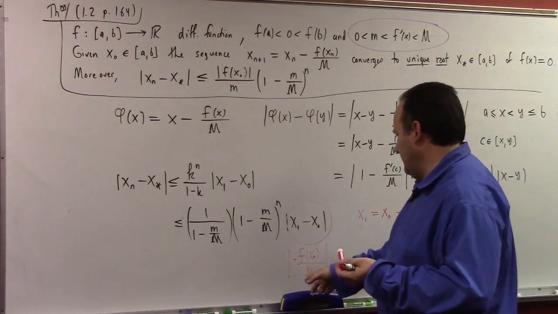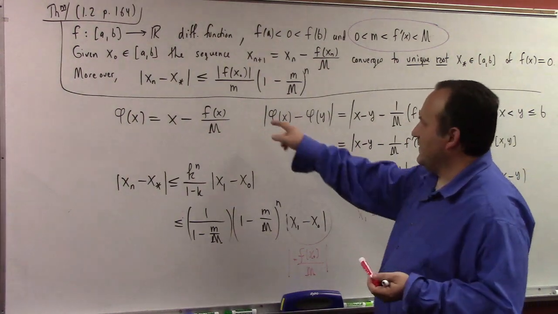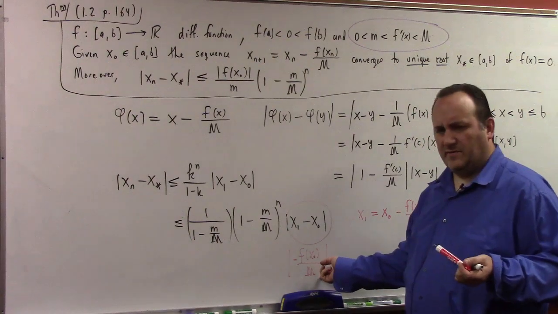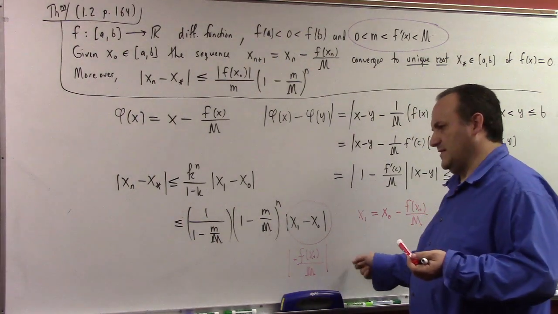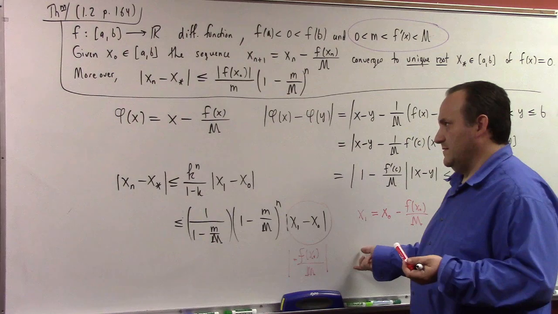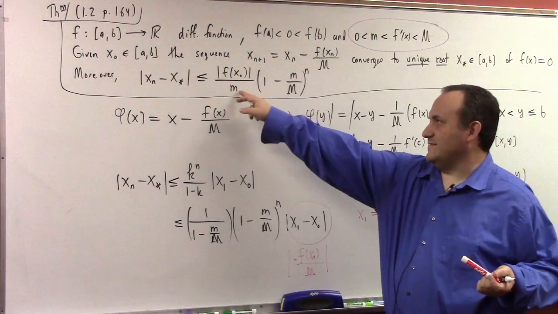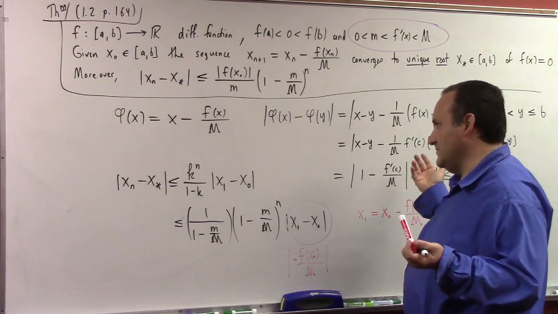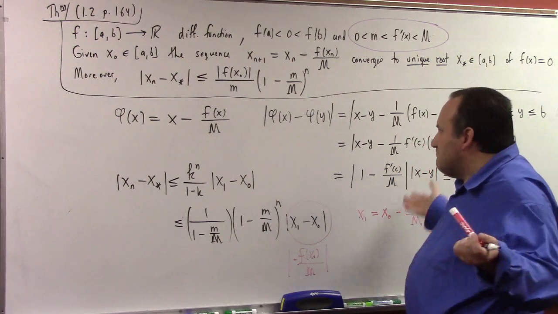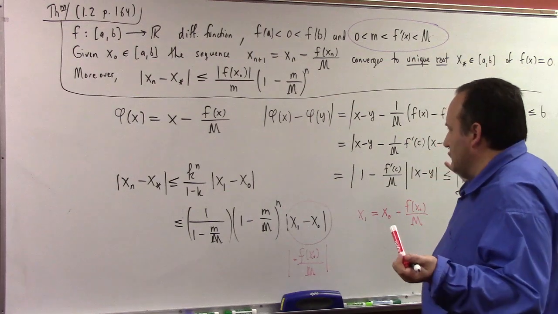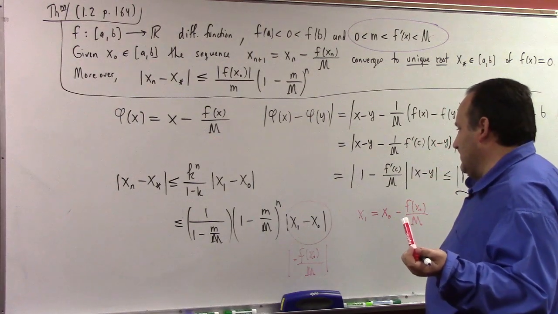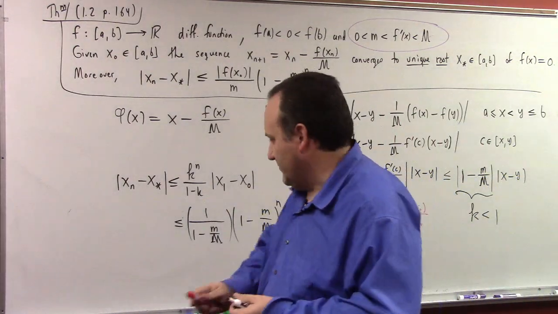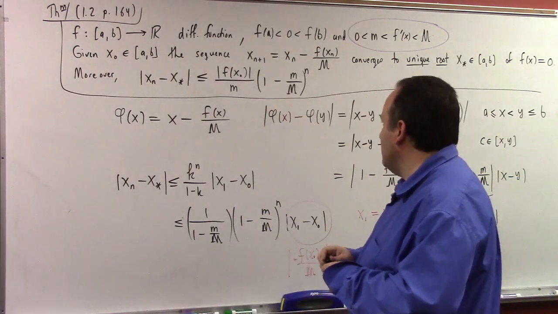I've got a big M here too, and if I copy this down right, it's a little m there. Of course, if I've got division by a larger number, I can make it smaller than the division by the smaller one. If I replace that with something smaller than big M, that makes the fraction larger. Okay, that's not a problem. I just don't know why you'd do that. I'm a little bit perplexed why the estimate is written as it is.